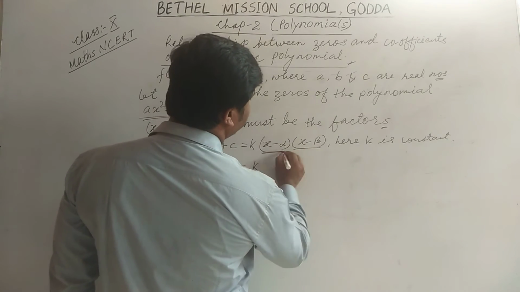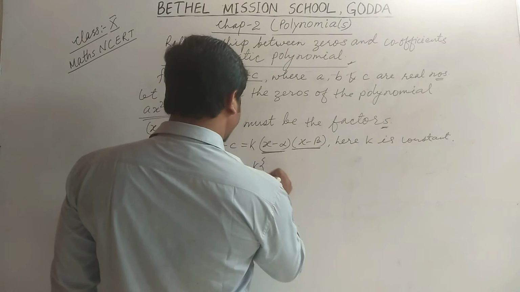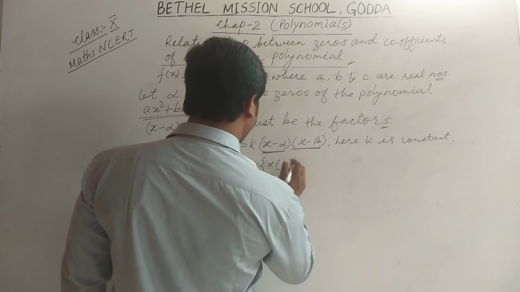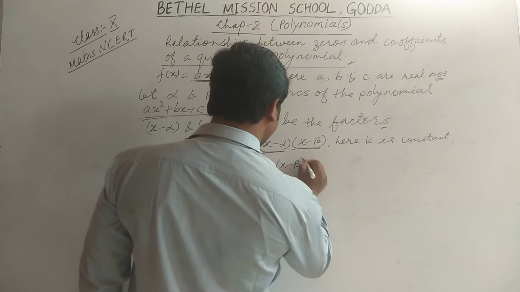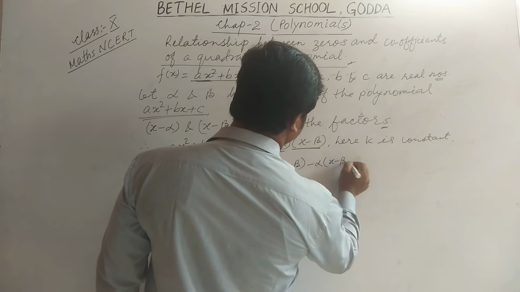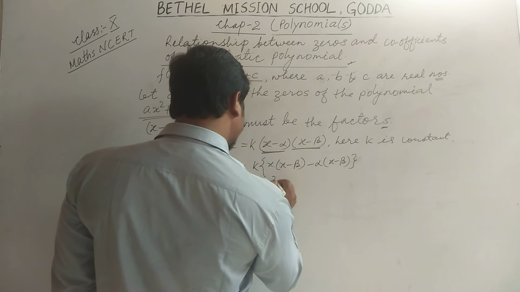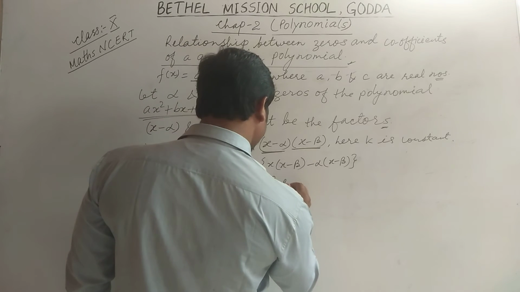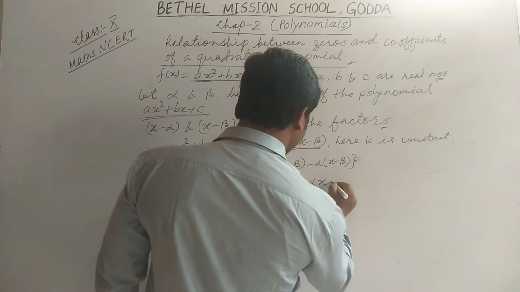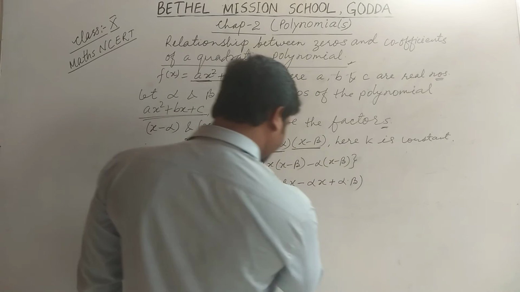Now we'll find the product of these two factors. Then what will we get? By x, x minus beta, and again by minus alpha, x minus beta. Then k into x square minus beta x minus alpha x plus alpha into beta.